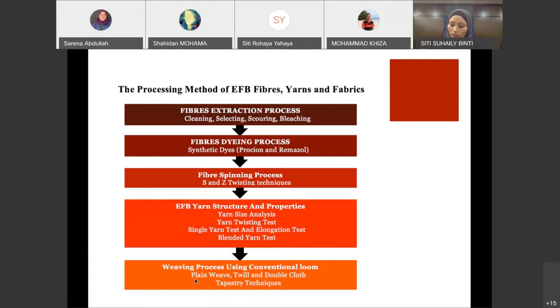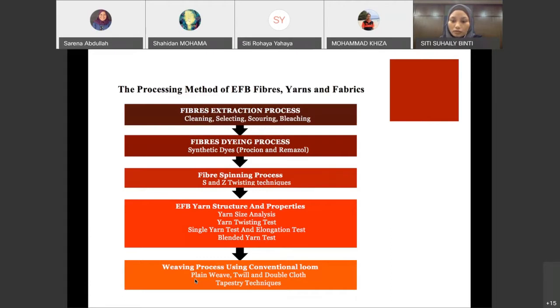The processing of EFB into yarn and woven fabric involves a number of steps, several involving laboratory work and the application of chemical agents. This experimental research attempts to design an appropriate production methodology and includes particular chemical agents and formulations, which might be useful for us in future.